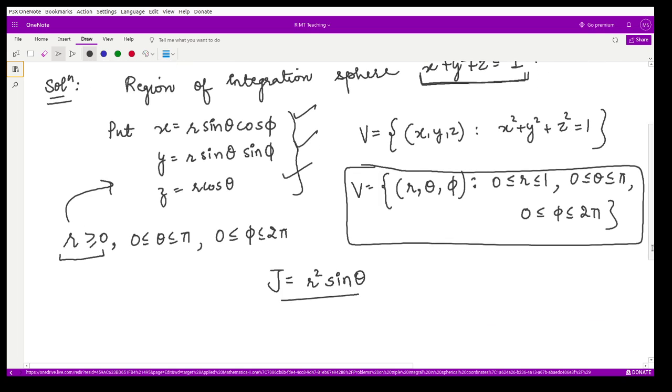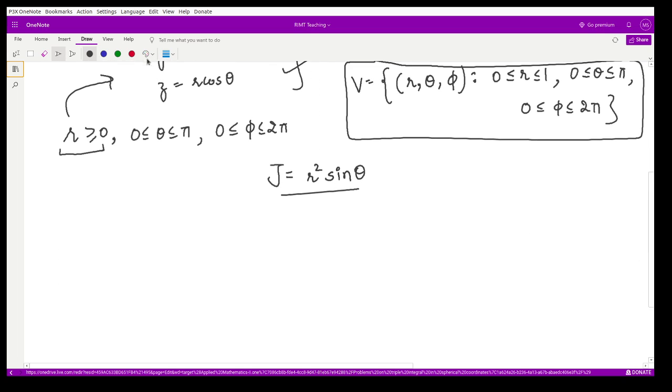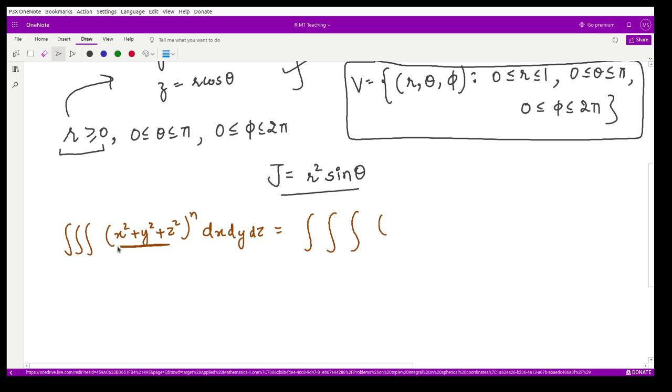So therefore your integral converts into: the triple integral of (x² + y² + z²)^n dx dy dz is simply equal to the integration of, instead of x² + y² + z², you write r², raised to power n, then dr dθ dφ, and the Jacobian, which is simply r² sin θ.